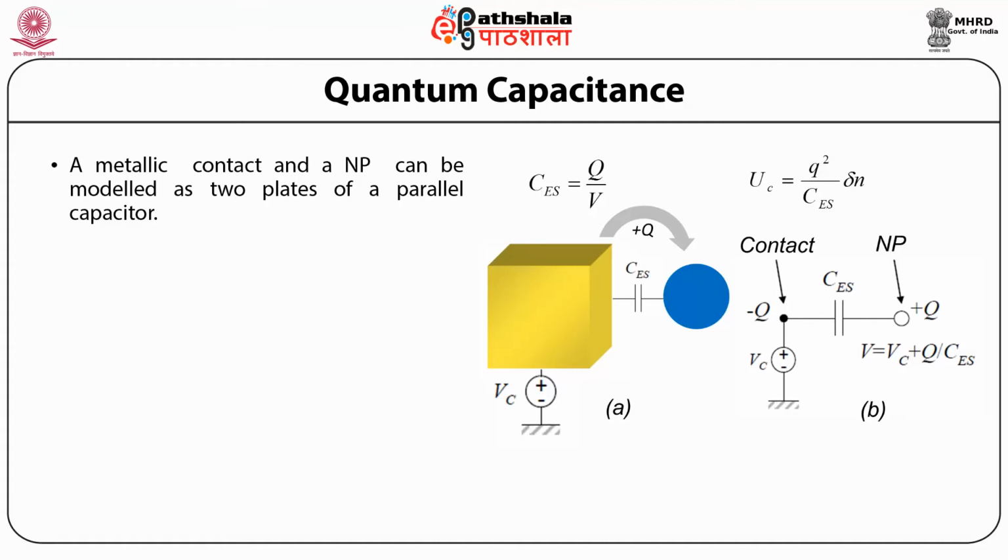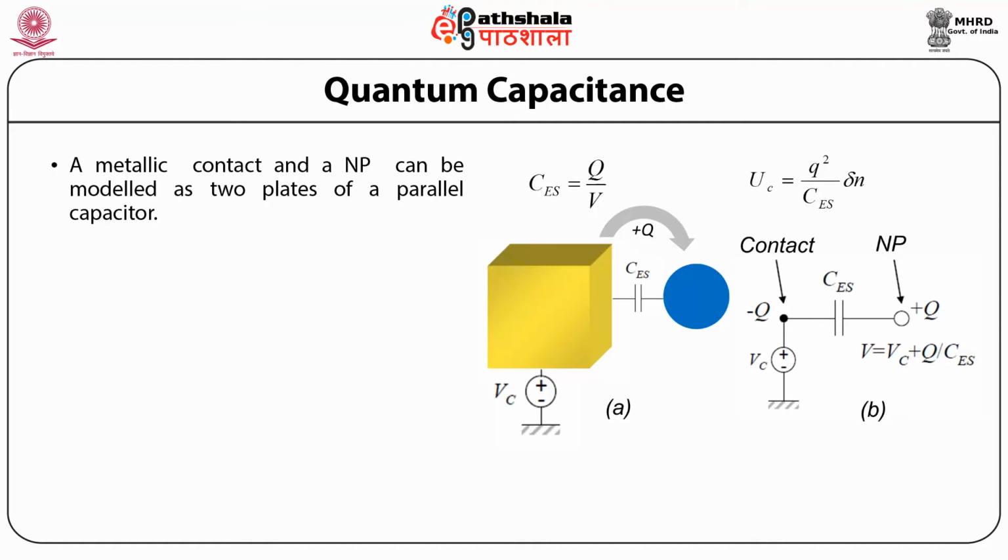In this scenario, the contact and the nanoparticle can be considered as an electrostatic capacitor, represented by C_ES, which is different from the quantum capacitance discussed before.